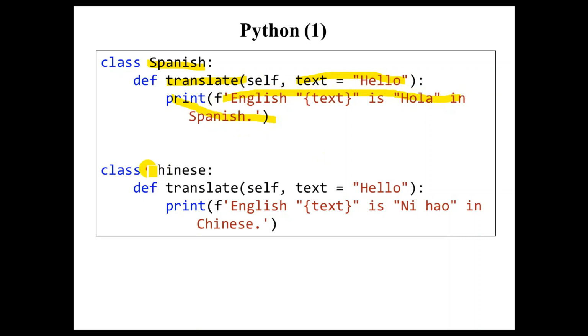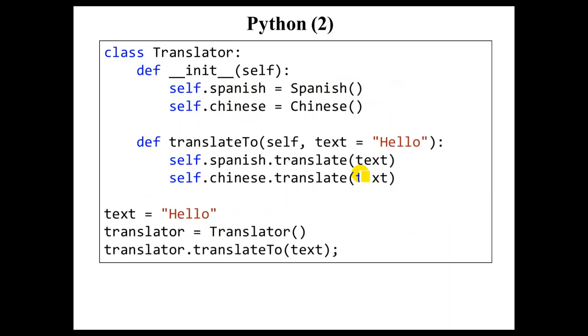The next is the Chinese class implementation. Very simple, right? So this way we can implement the classes in Python. Now we can look at the implementation of the translator class. You can look at class translator.